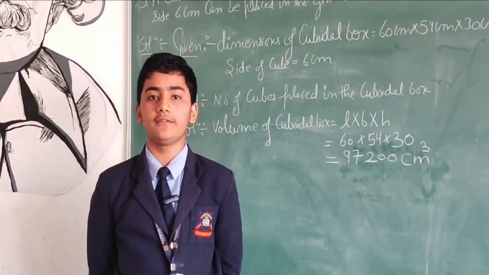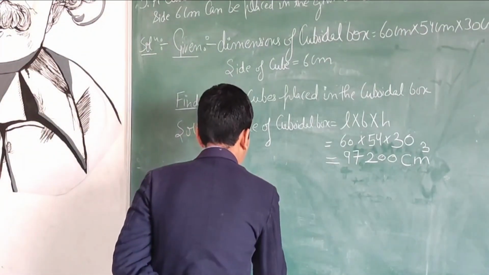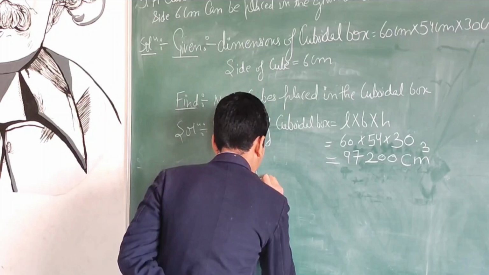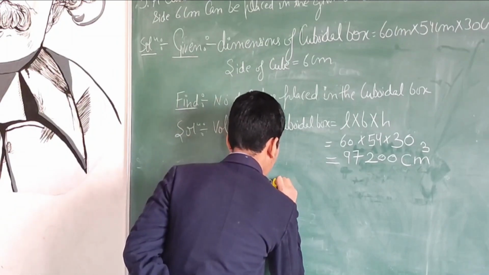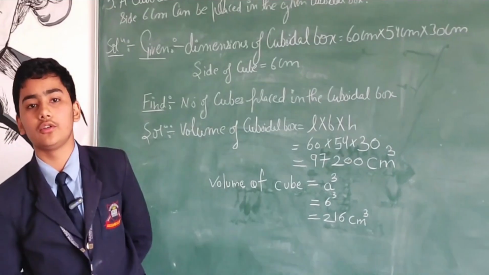Let's find the volume of cubical box. So this is the volume of the cubical box.